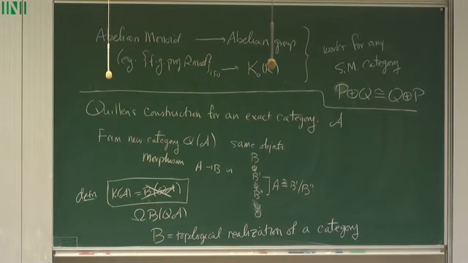So if you have a category, there's a natural way to form a topological space out of that category, and that's what B of the category is. And once I have a topological space, then I can talk about the loop space. My categories always have an initial object, and so that's the base point of the realization.